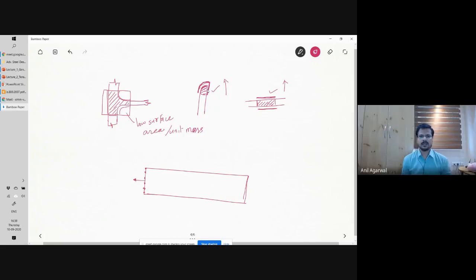And here at the ends you will have compression. Similarly, here you will have compression, here you will have tension, and here you will have compression, and something in between here. Okay, so likewise, the distribution is in the width direction, but the stresses work in the longitudinal direction.